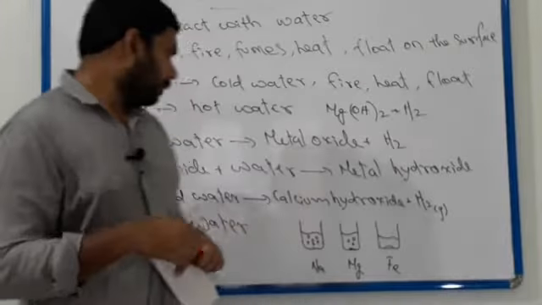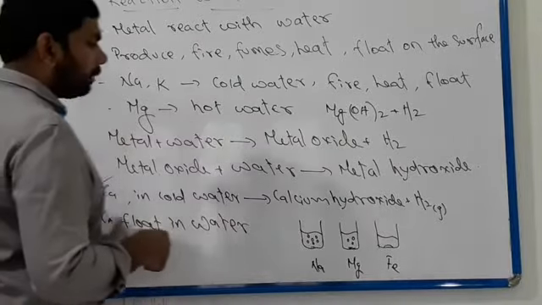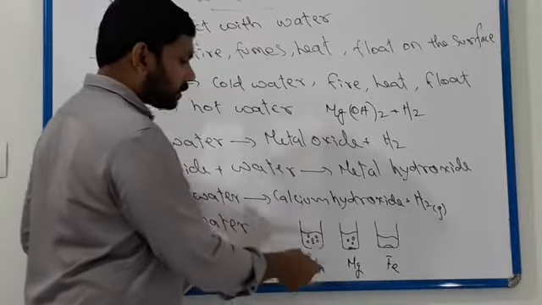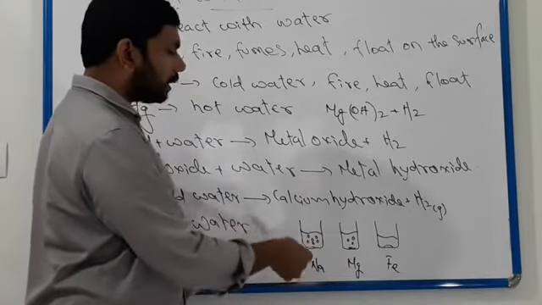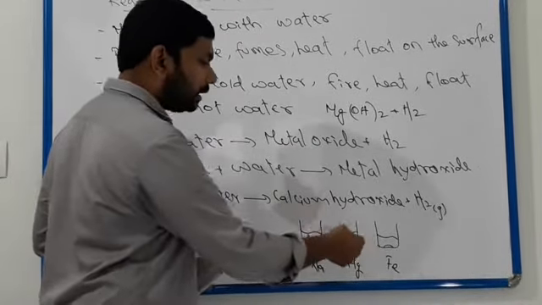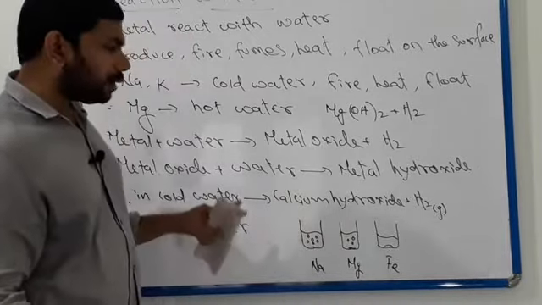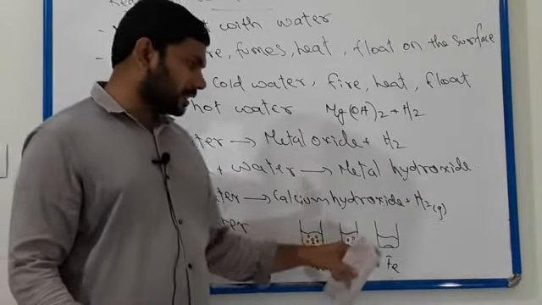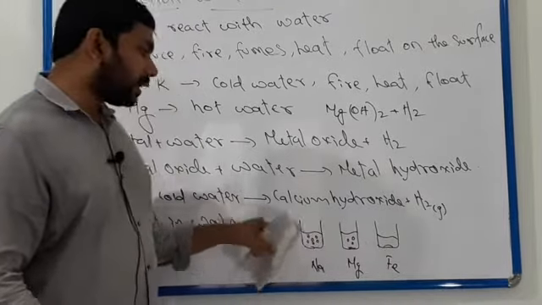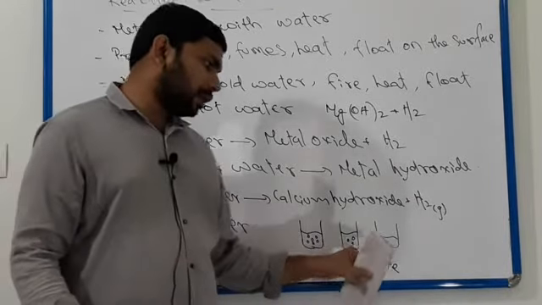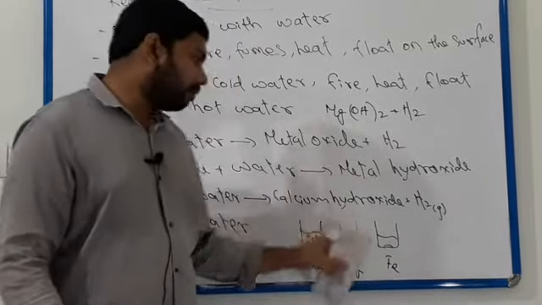Clear? Look here, you are given three different metals, sodium, magnesium, iron, and an equal amount of water in three different beakers. You can arrange these metals according to reactivity from this observation.